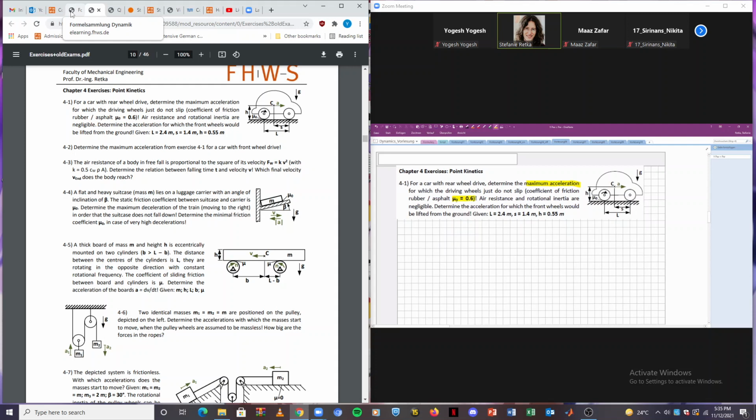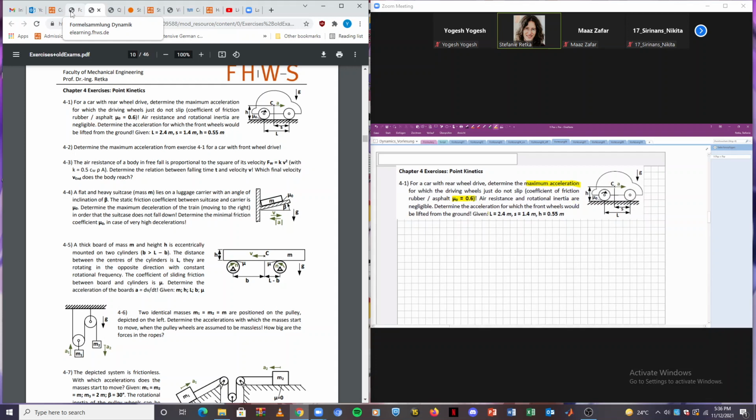From engineering mechanics 1, you know that there's static and sliding friction. For static friction, you have the index 0, and for sliding friction, there is no index to the friction coefficient. And here we have the friction coefficient given in case of pure rolling static friction. Air resistance and rotational inertia are negligible.